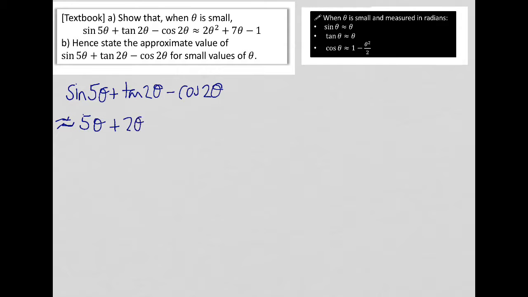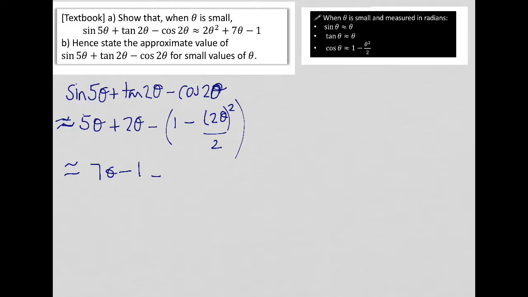So I have sine 5 theta, add tan 2 theta, subtract cos 2 theta. And for this, I can say that's approximately equal to 5 theta, add 2 theta, subtract 1 minus theta squared over 2. So 7 theta, subtract 1, subtract, oh, do we see what I've made an error of doing? Because this is 2 theta here, this should actually be 2 theta squared over 2.